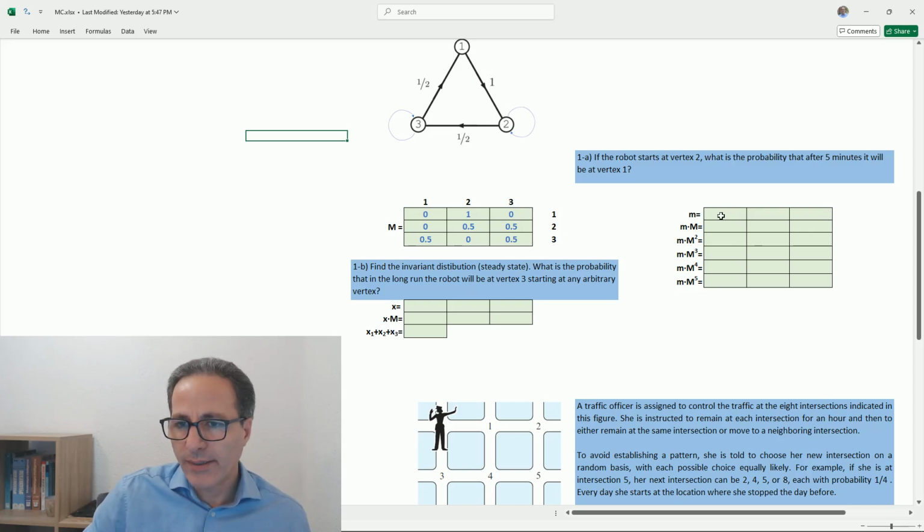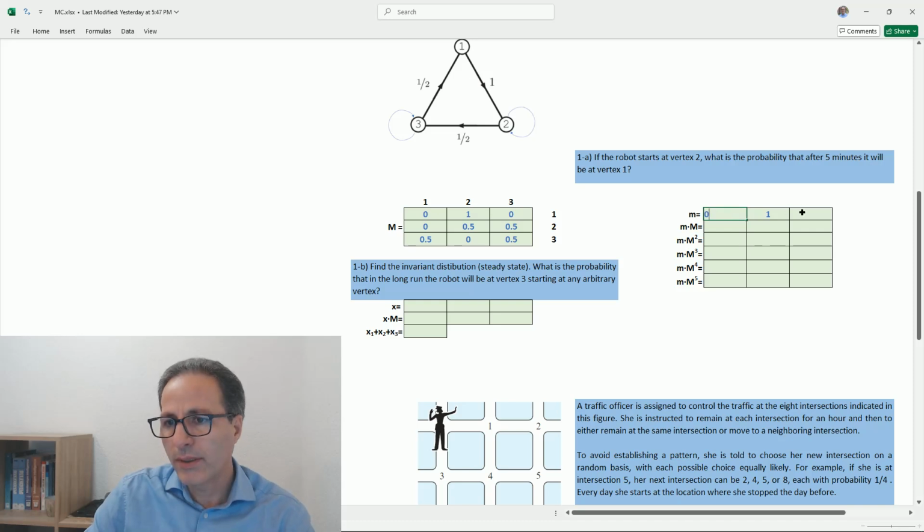So the initial state M says that it starts at 2, so certainly it is at 2. So here we have 1 and the others are 0. So this is the initial state. For sure we know that it's at vertex 2. So let's write this 1, 2, 3 also there.